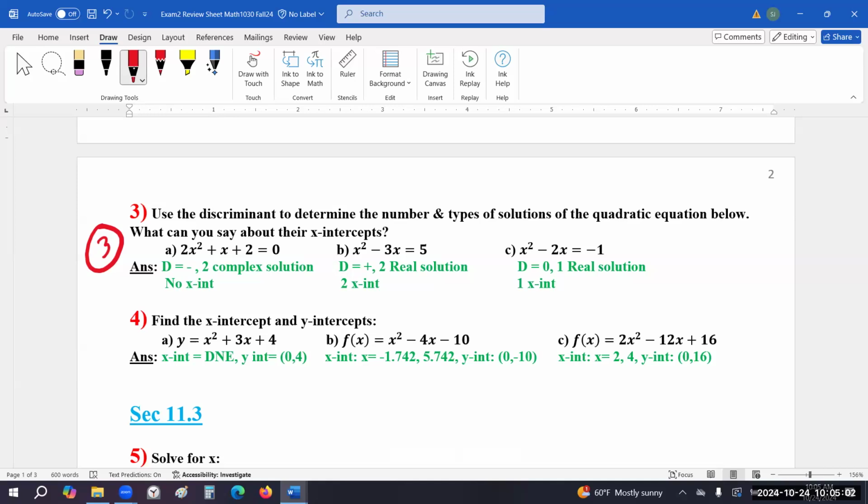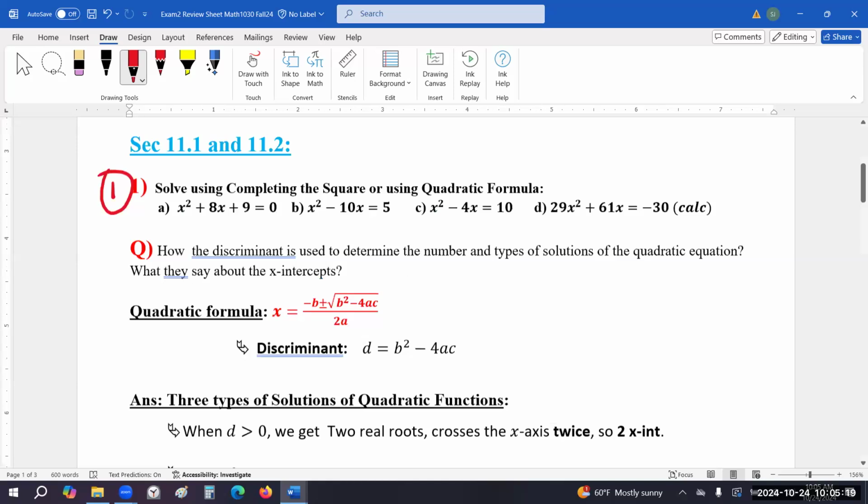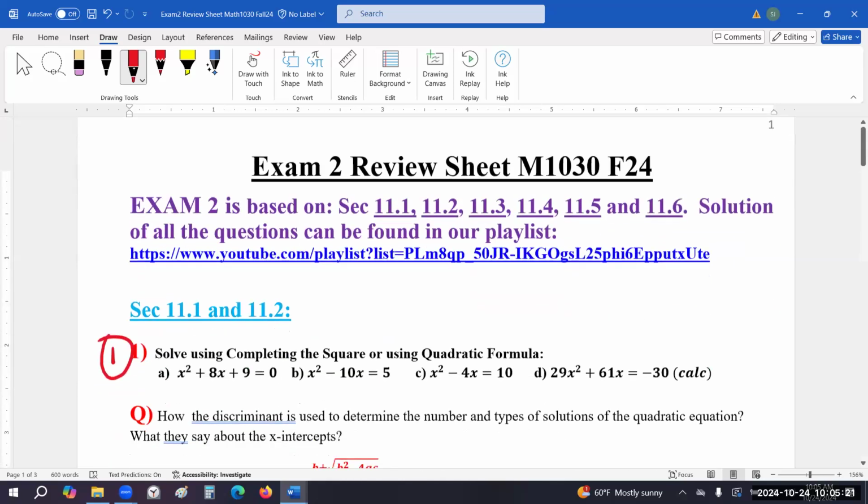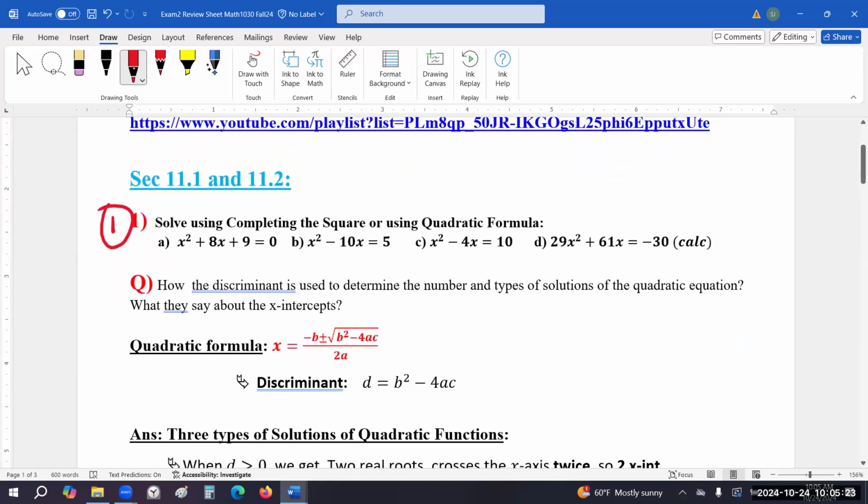Okay. So it says use the discriminant to figure out how many solutions you have and what type of that. So we have 3 types of scenario. For each type of scenario, you have one question. So 3 scenarios, 3 questions. One will be solve for x using complete the square or quadratic formula.